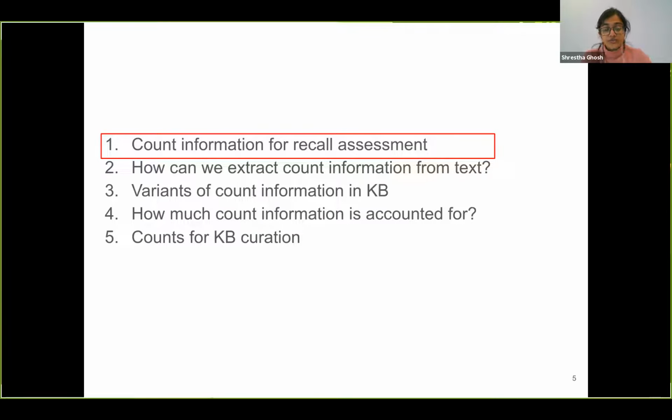We'll also look into how count information occurs in knowledge bases. What are the different variants? How do we identify and align them? Next, we look into the amount of count information that can be accounted for using these two different methods of extraction. And finally, we'll see some of these counts in action. Once we have the information, how can we use it for knowledge base curation?